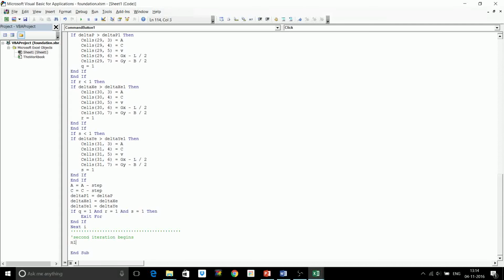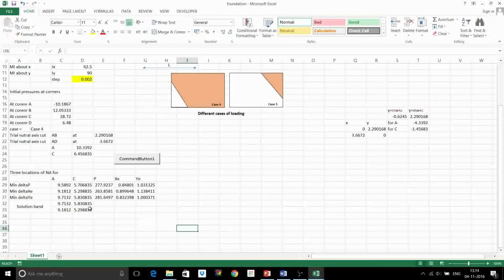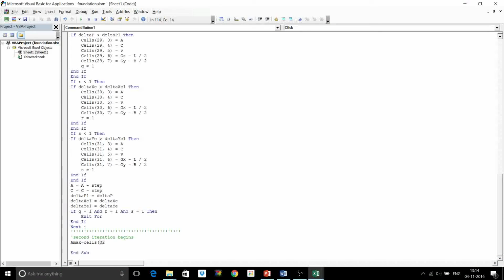So I will find out one integer n1 is equal to, or we can say, first I will define this one: A max is equal to cell 32 3, then A min is equal to cell 33 3, then C max is equal to cell 32 4, then C min is equal to cell 33 4.